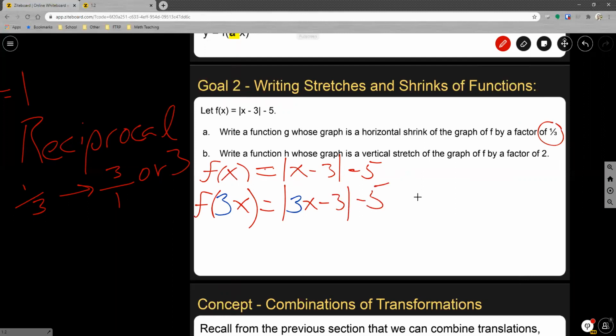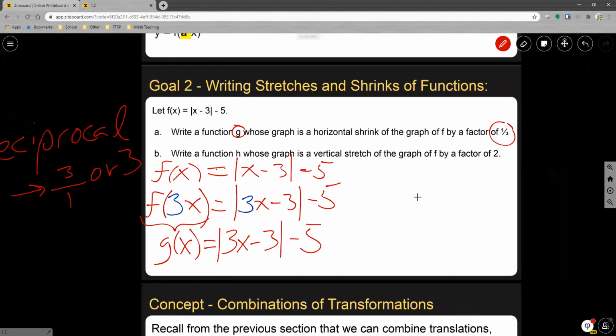And there's my new equation. So finally, I'm going to rename this the name that they want me to use, g. So g of x is equal to the absolute value of 3x minus 3, minus 5. And that's going to be a horizontal shrink by a factor of 1/3.